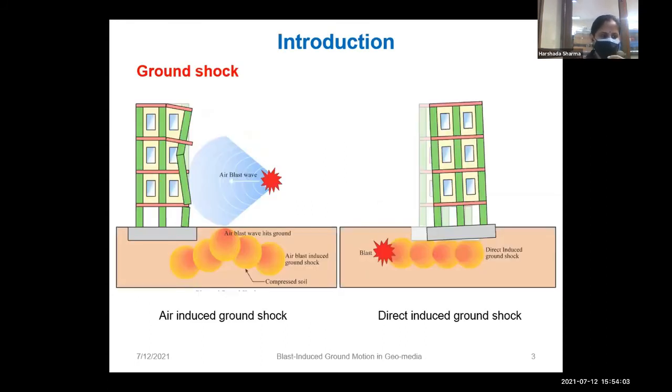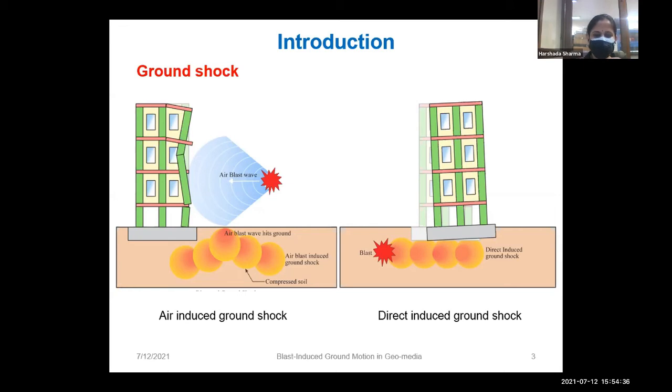So basically, nowadays we always see that surface or ground explosions are one of the scenarios of blast or explosion. This can be accidental or man-made blast activities, which can be above the ground, termed as air burst, on the surface, termed as surface blast, or below the ground, termed as underground blast, which releases enormous energy and which generates compressive waves.